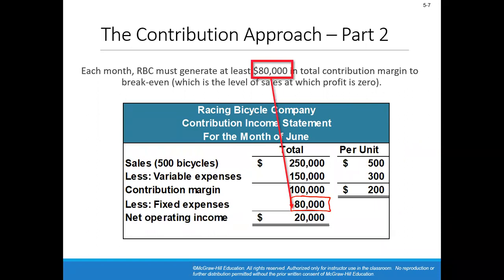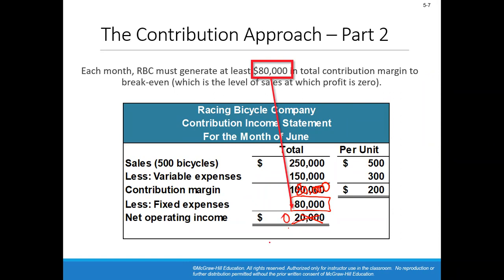Now, if the racing bicycle company generates a contribution margin of 80,000 taka, not the 100,000, in that case, what will be the net operating income?